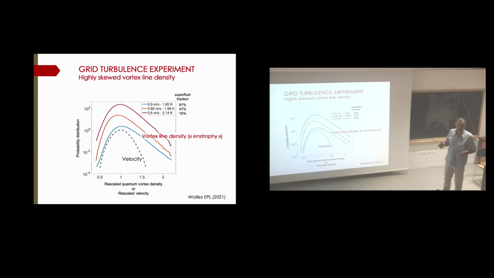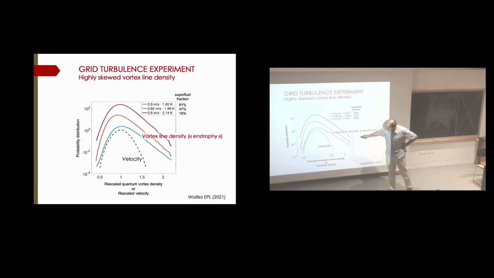I'm only going to show you one single statistics on this experiment, but in this paper we also have spectra. This is showing you behind the grid at different superfluid temperatures, which correspond to superfluid fraction from 16 to 80%.